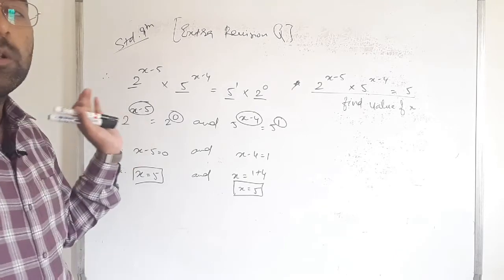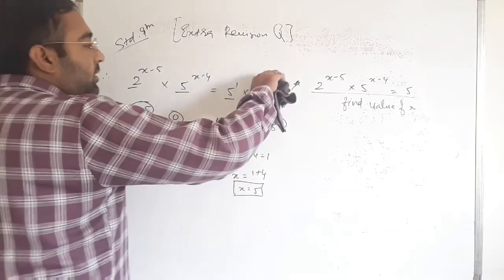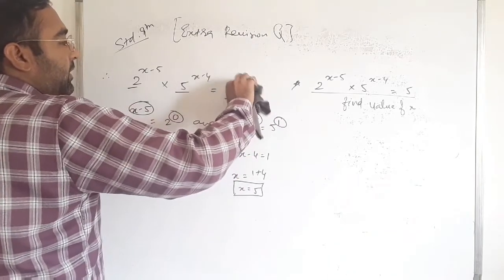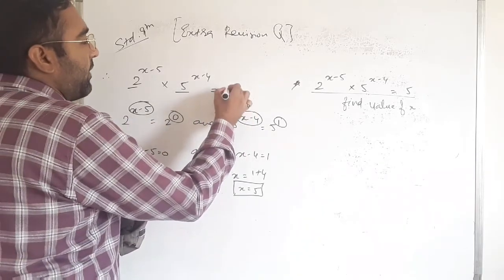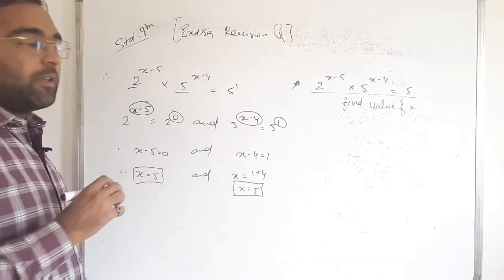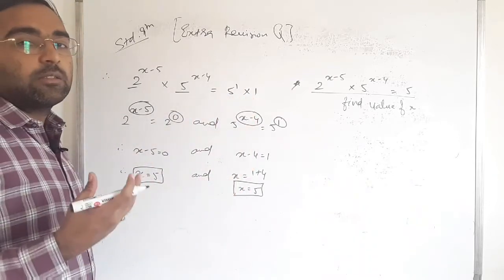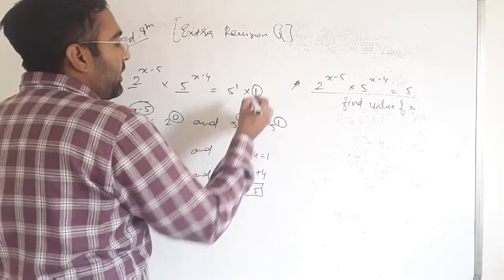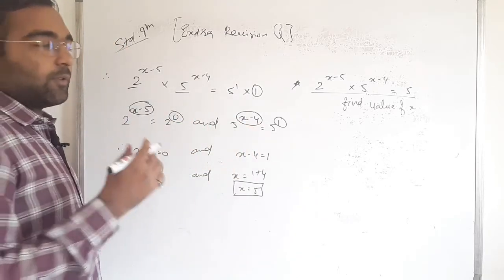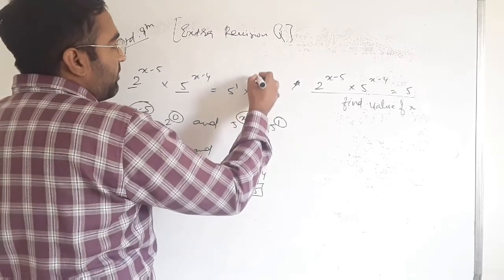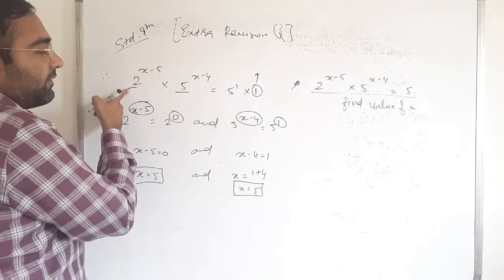Clear? I am not changing the question as given, because 5 raised to 1 is given at the RHS. So 5 raised to 1 means the answer will be 5 itself, so I multiply by 1 and my answer is not changed. But we know that any number with power 0 is also equal to 1. So I make sure I have 2 as a base here on the left hand side.